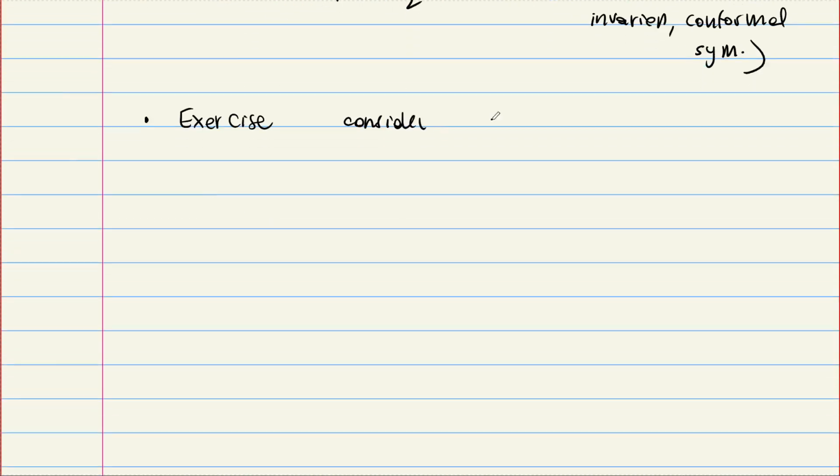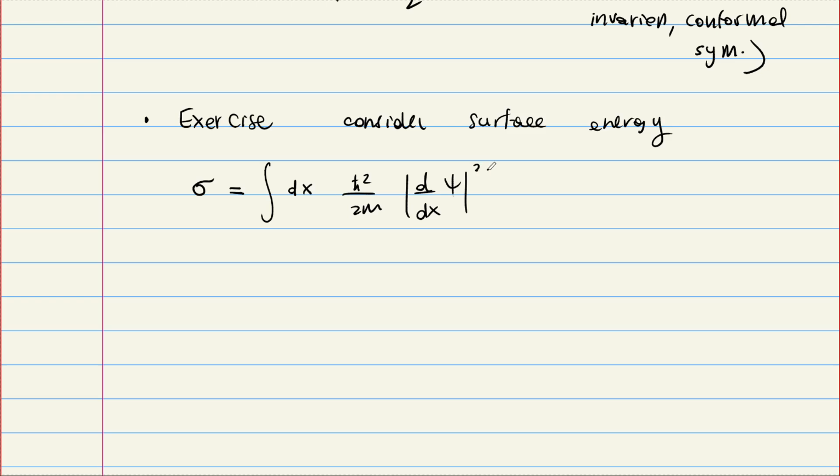But let's consider surface energy, and the book is using sigma for this. What you need to do is integrate dx of h bar squared over 2m (d psi/dx) squared plus a psi squared plus 1/2 b psi to the fourth.